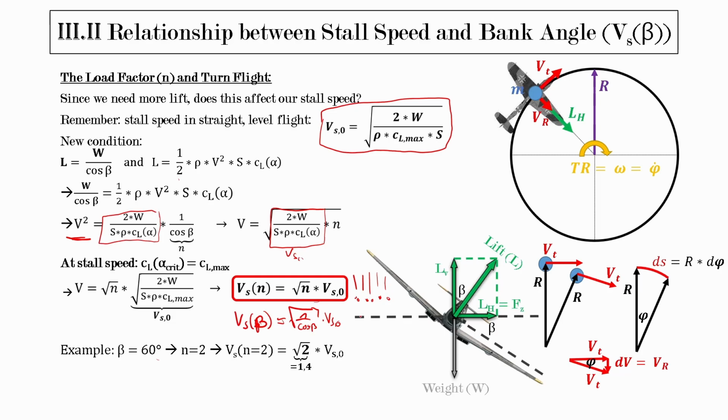Now, you can see obviously stall speed in straight and level flight is dependent on our weight and our altitude, which is indirectly given by the air density, okay? And also the speed. And what we've established in the last episode as well is that if you reduce weight, increase wing surface area, for example by deploying flaps, and you go down in altitude, you will have the slowest stall speed. As you go higher, your stall speed will generally be higher, but in terms of indicated speed, it's going to stay the same.